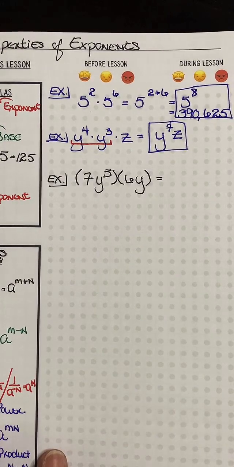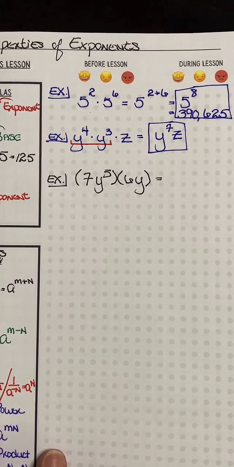Deb is saying 42y to the 6th. Janice is not sure, thank you for your honesty. Nicole is 42y to the 6th. RB squared is saying 42y to the 5th. Laura saying 42y to the 5th. Conchita saying 42y to the 7th. Ken is saying 42y to the 6th.